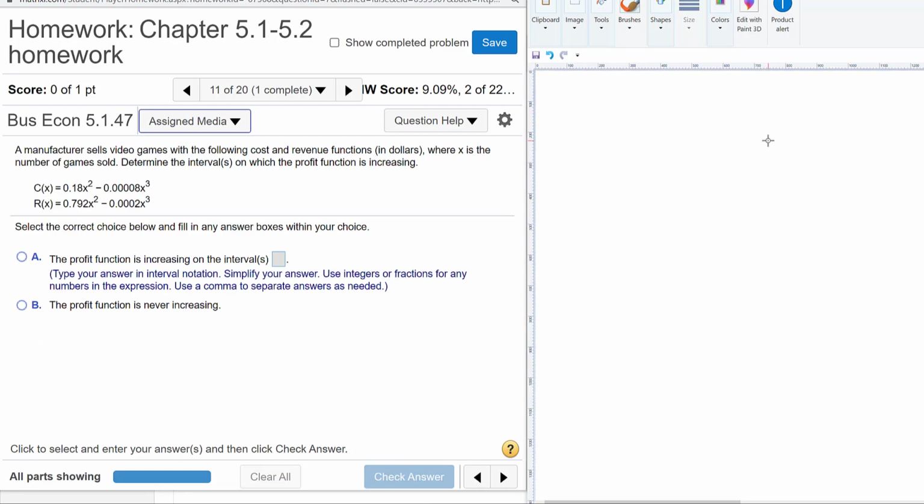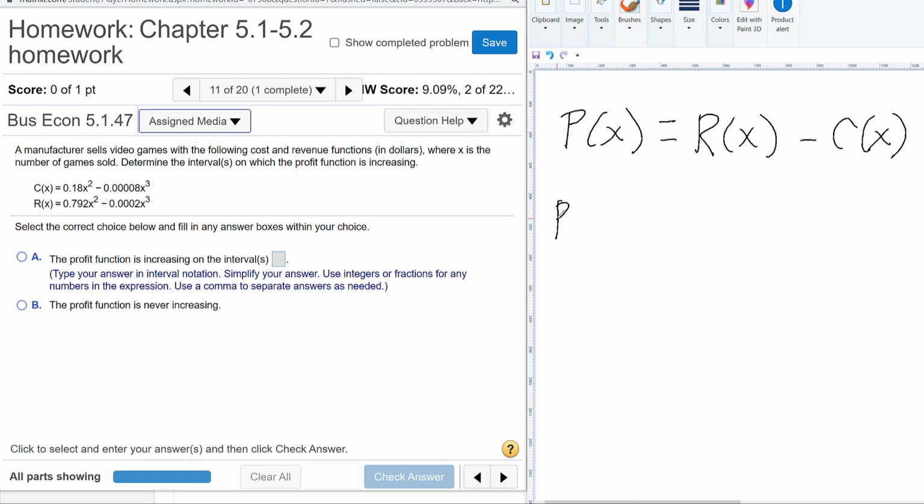Number 11. A manufacturer sells video games with the following cost and revenue functions in dollars, where x is the number of games sold. Determine the intervals on which the profit is increasing. So the first thing we need to know here is that the equation for profit, or P of x, where x is the number of units of games in this case, is your revenue from those games minus your costs from those games.